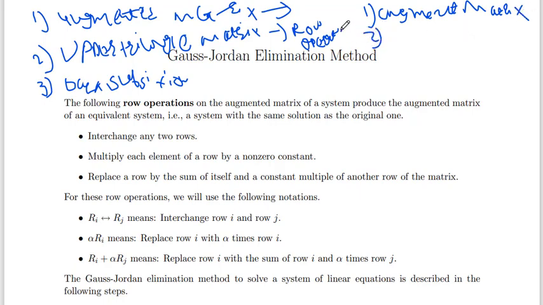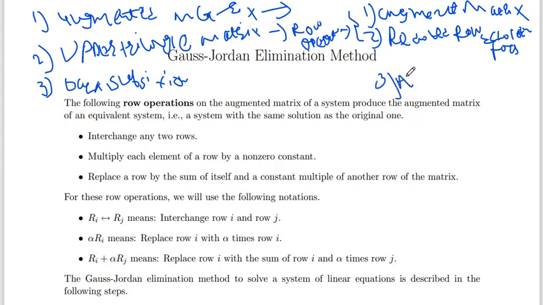In the second step we apply row operations also, but we transform the matrix into reduced row echelon form. We will talk about what reduced row echelon form is. So in Gauss-Jordan elimination there are only two steps, and then we get the solution of the linear equations.